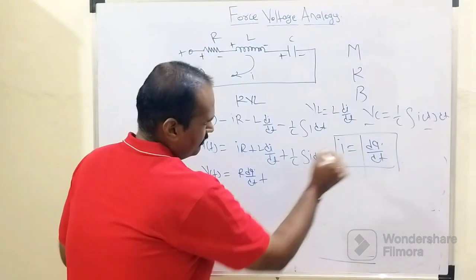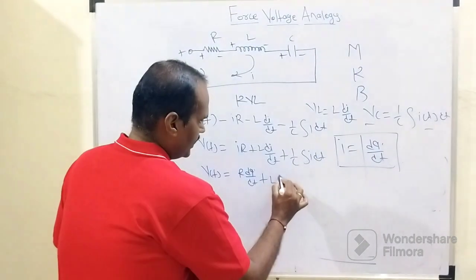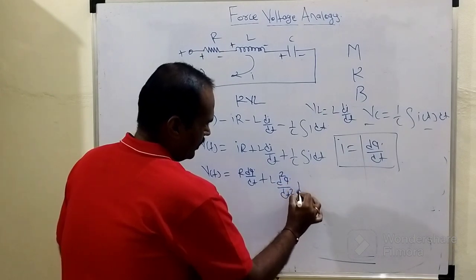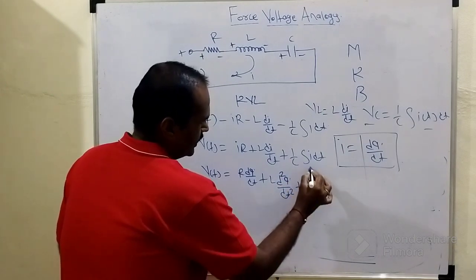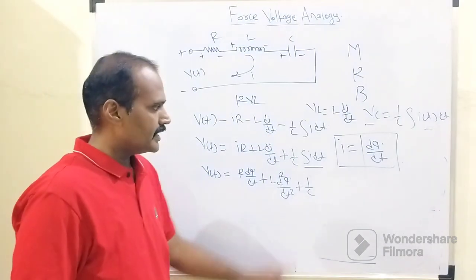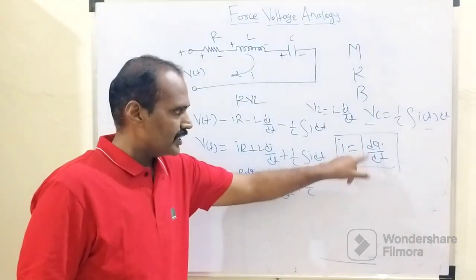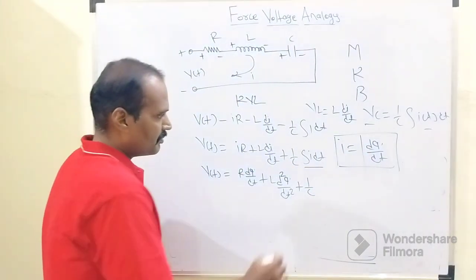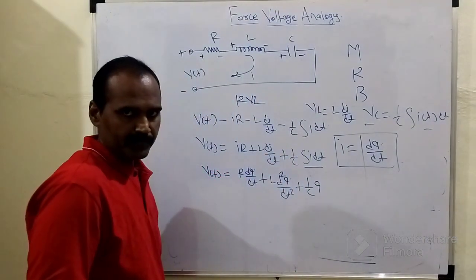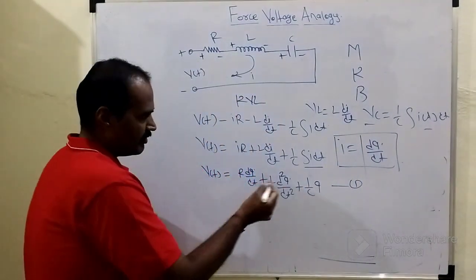When this I is replaced with dq by dt, d by dt into dq by dt will become L into d square q upon dt square, plus 1 over C integration of I into dt. When we replace this I with the differentiation operator dq by dt, these two opposite operators cancel each other, so the remaining thing is nothing but Q, right?